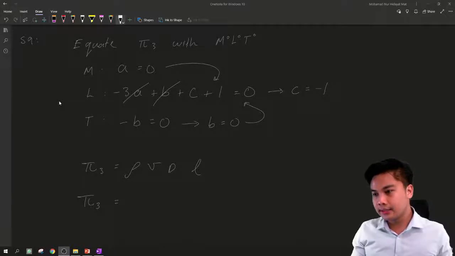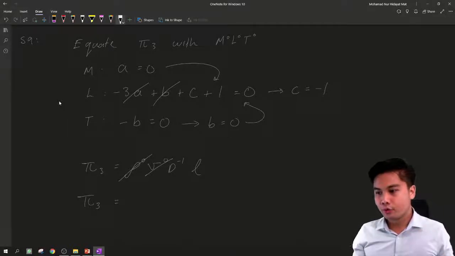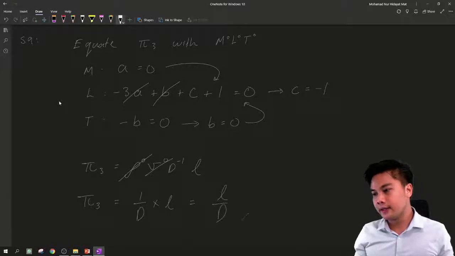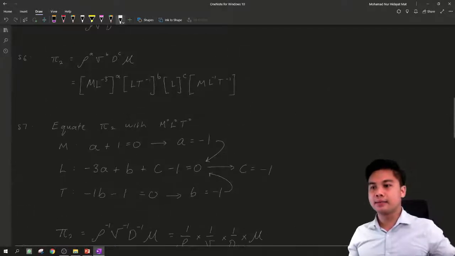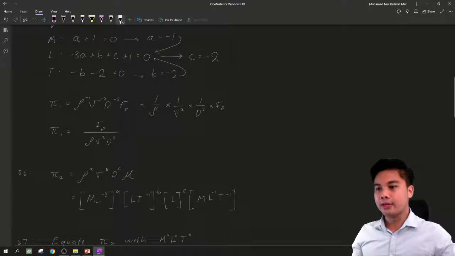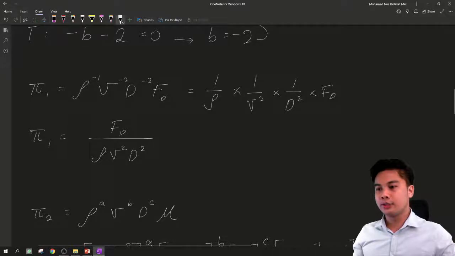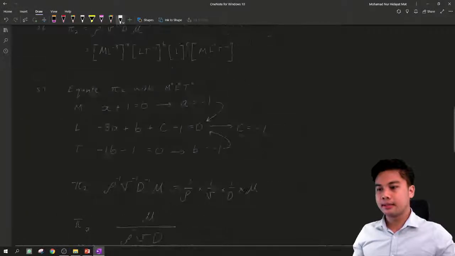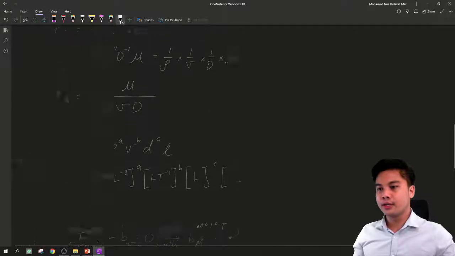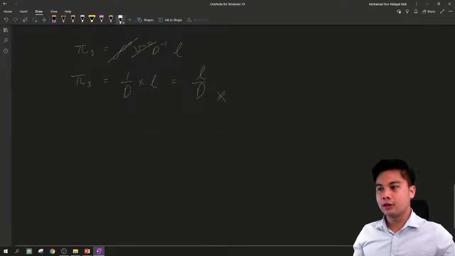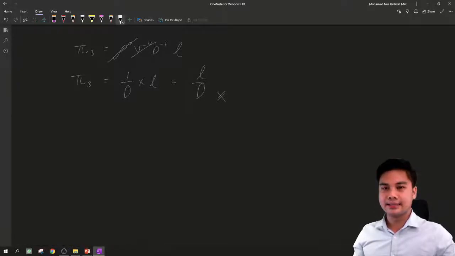We omit the terms with power of 0 because anything to the power of 0 is 1. So we have only D to the power of negative 1, which is 1 over D, multiplied with L. So here, L over D. Therefore, our first pi term is F D over rho V squared D squared. Second pi term is mu over rho V D. And the last pi term is L over D. Therefore, that is the final answer.